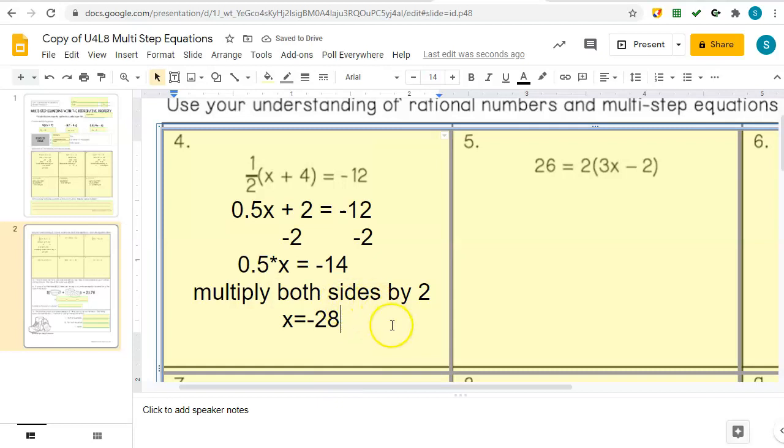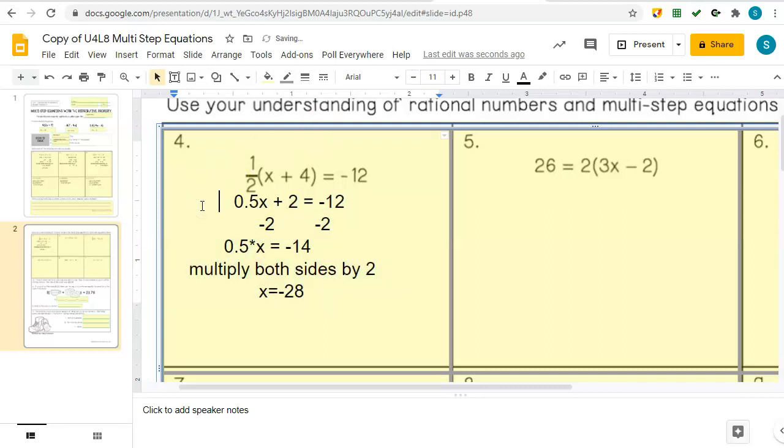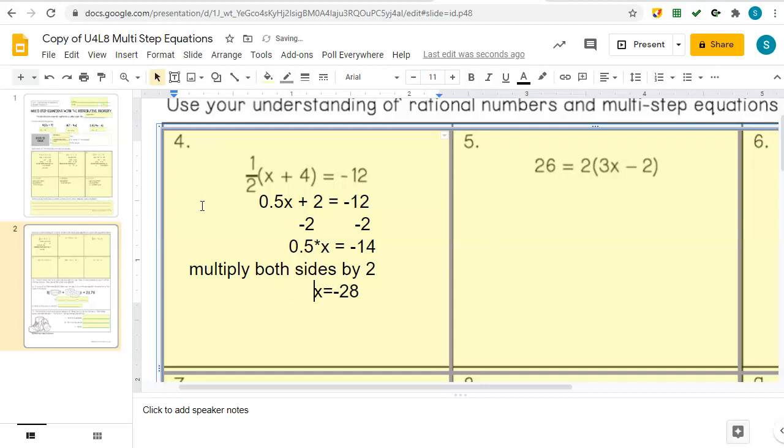We should check our answer. But let's check our answer. So we've got 1/2, so 0.5 times negative 28 plus 4.